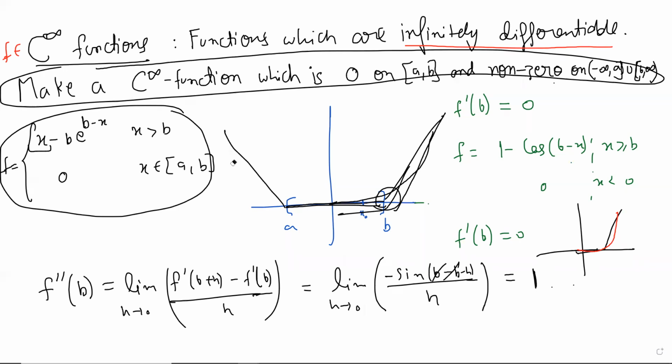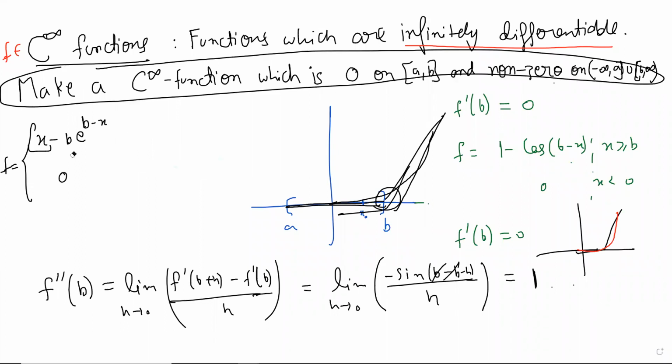Oh yes, this one. And the problem was that the derivative on the left side we get 0, right? You can try to fix that by adding a term x minus b, so that at b it is still 0, so the extra term does not add anything.